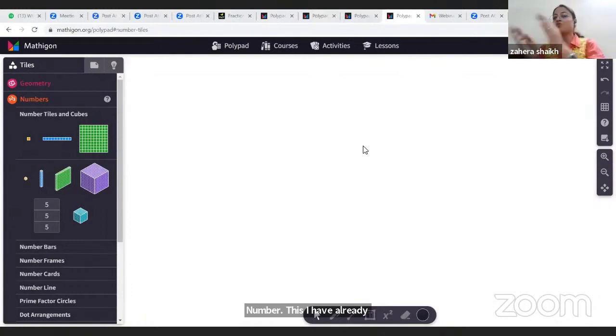Now I bring my students to a maths lab class, or I bring some manipulatives in the class and ask them, see, yesterday we learned about prime and composite numbers. Whatever we have learned through abstract numbers, just try to represent using manipulatives. That is what we are doing, maths using manipulatives.